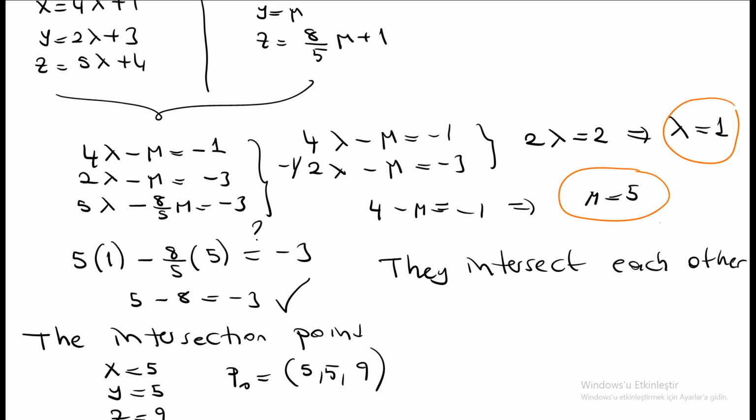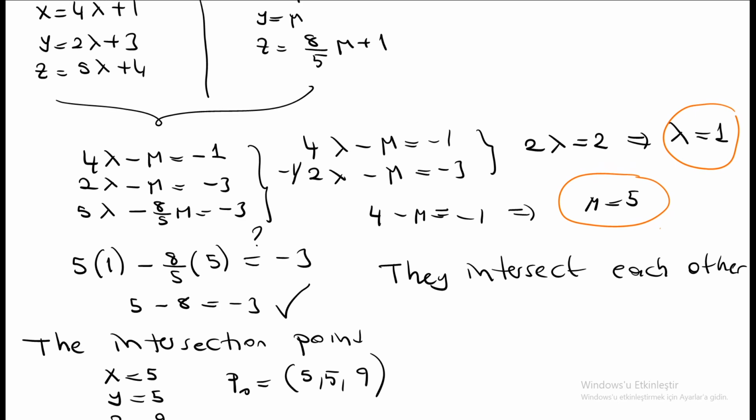Okay, you may say, why don't I put this lambda? It doesn't matter, because if you put the lambda, you will get the same result. Look at here, 4 times lambda plus 1 will be 5, right? 2 times lambda plus 3 will be 5. Because lambda is 1, the last one, 5 plus 4 will be 9.